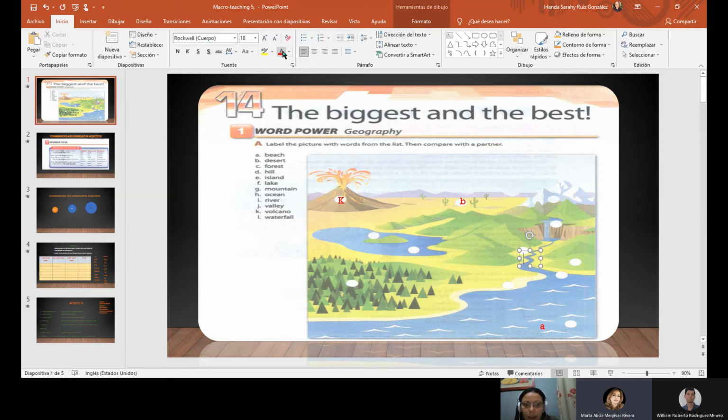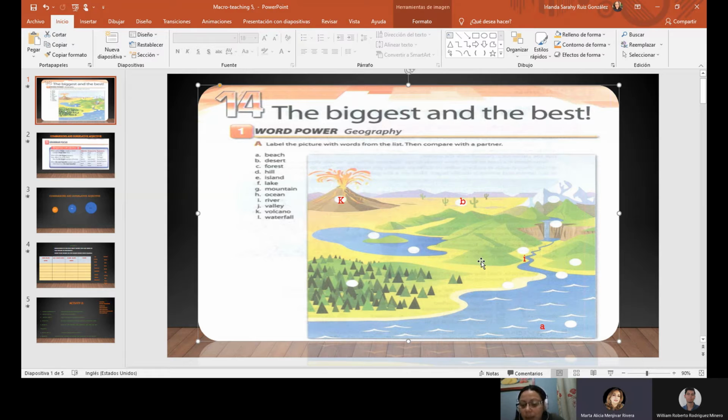Yes, that's okay. What is the letter? River is letter I. Excellent. Well, this is just an example of how we can fill this chart.